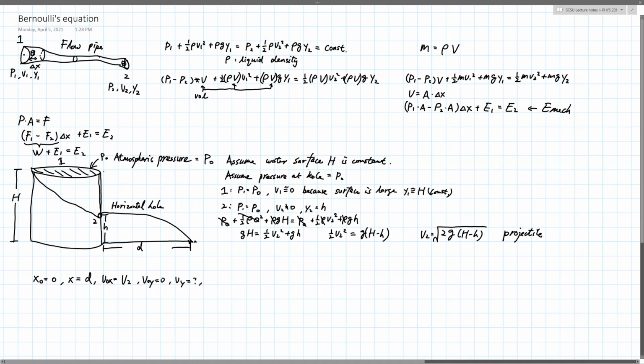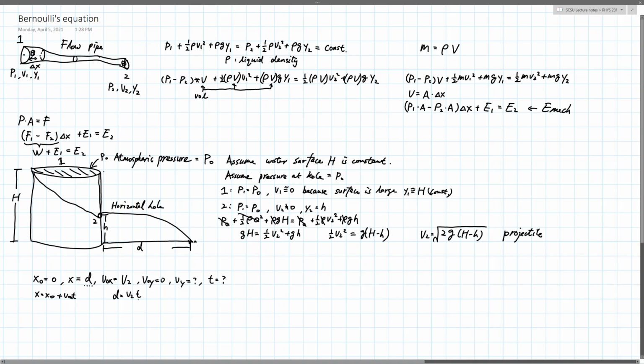And we also have d as an unknown we're solving, and another unknown, t, some unknown time. How long does it take to splash across? So our equations are x equals x0 plus v0x t, and this turns into d equals v2 times t, since x0 is 0. So as soon as I find t, I can find the distance.